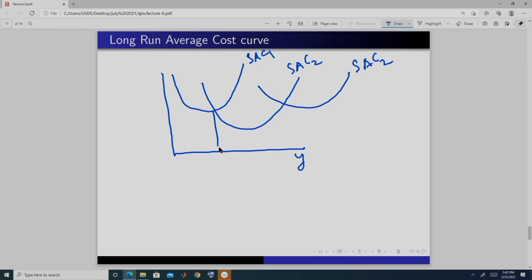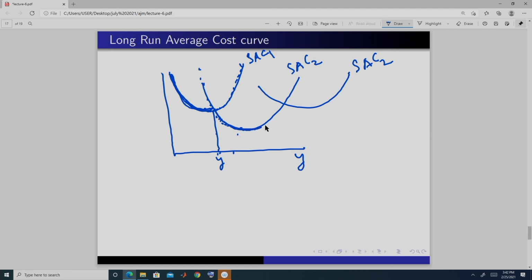Till this level of output, we should always choose this plant size, because if we choose the other plant size, the average cost is higher, right. So till this output, we will choose plant 1. But if we produce more than this and continue with this plant, our per unit cost is this, but the average per unit cost can be lower if we shift to plant 2.